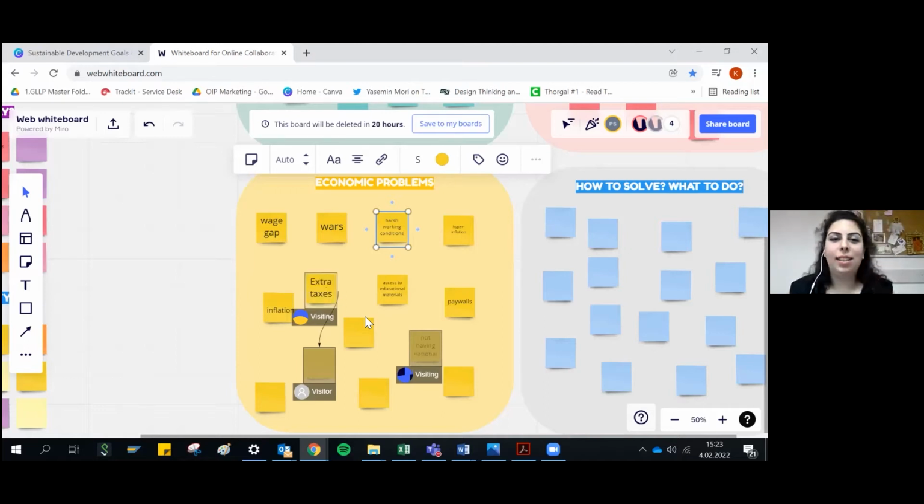Extra taxes, good one. Not having national health insurance, so okay, good one. It's also related to social cultural problems, so they're related. This is a good one. Okay, I think we're through. Is there anyone who'd like to add anything to any board right now?